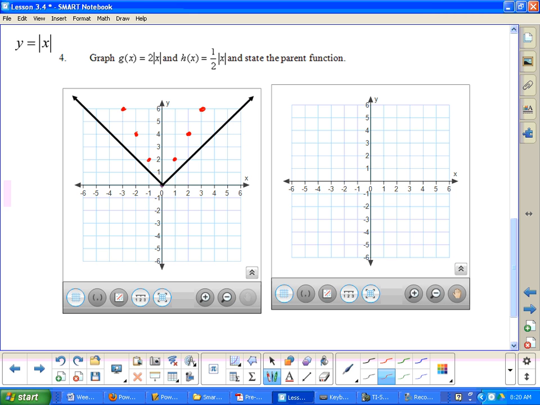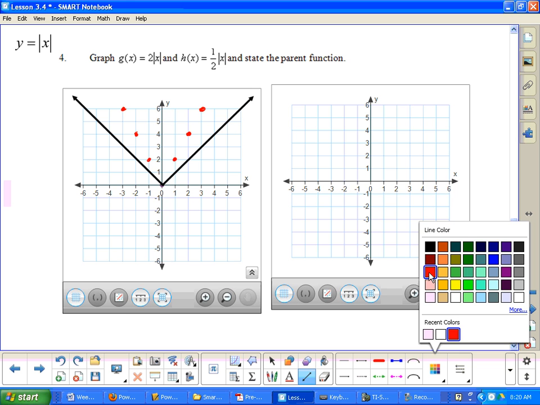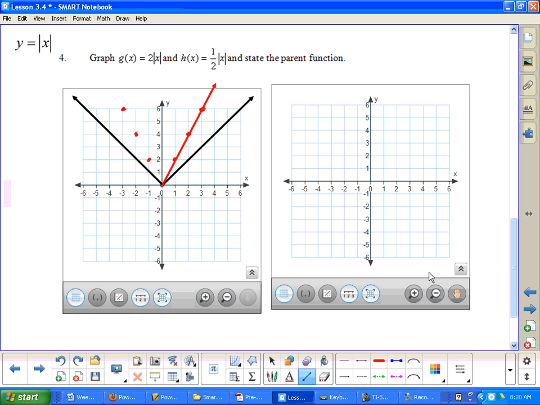Were you saying at 0 still? The origin, yep. All right, so there's the graph of y equals, or g of x equals 2 times the absolute value of x.